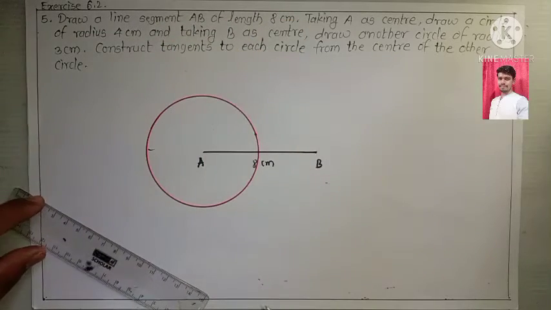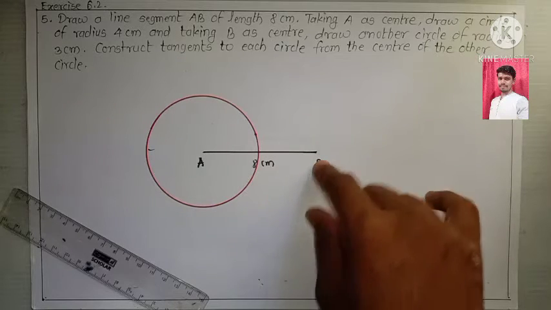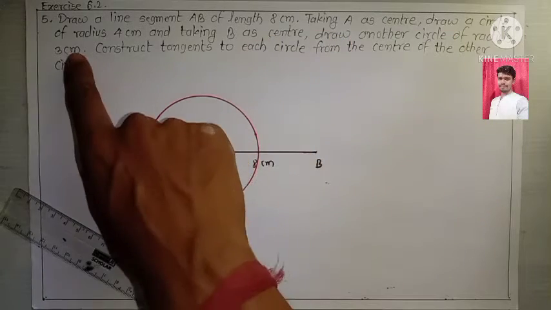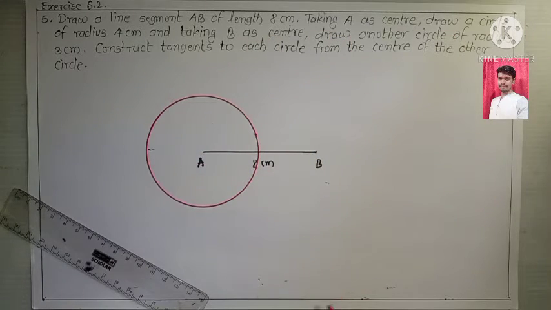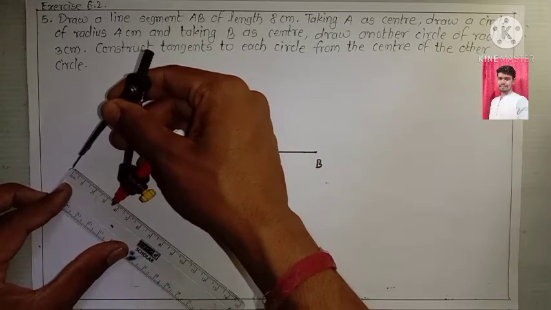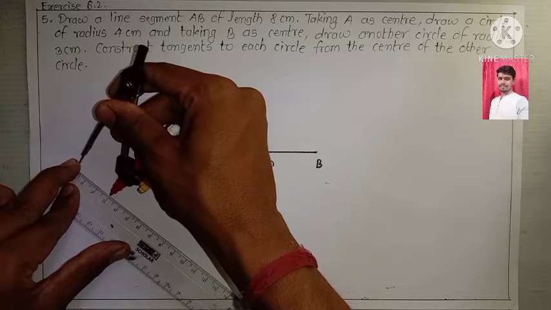Okay, drawn. Now another circle which has center B, but what radius? B as a center, and another circle of radius 3 cm. So again take a 3 cm distance in the compass from your measuring scale, 0 to this 3.